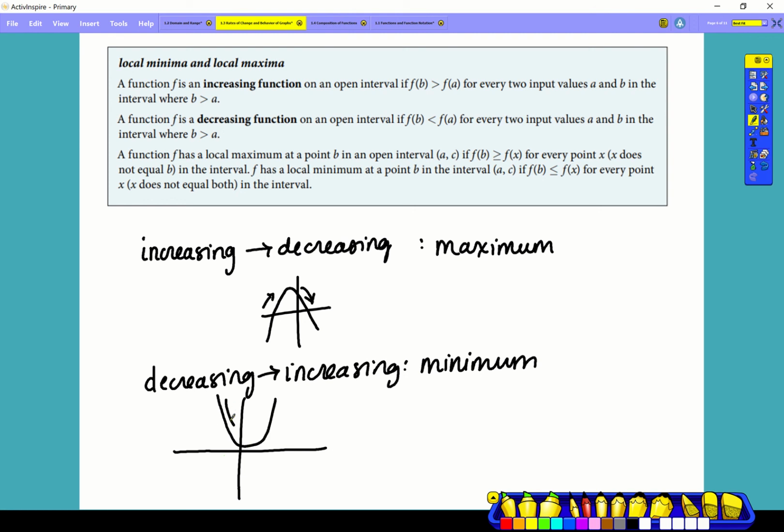Right here, so it'll be decreasing and then increasing. So what this says is that for when it's increasing, it's a local maximum.